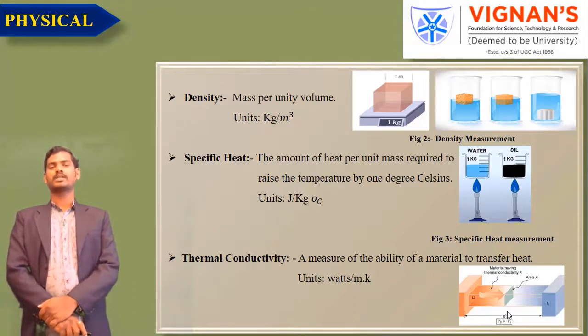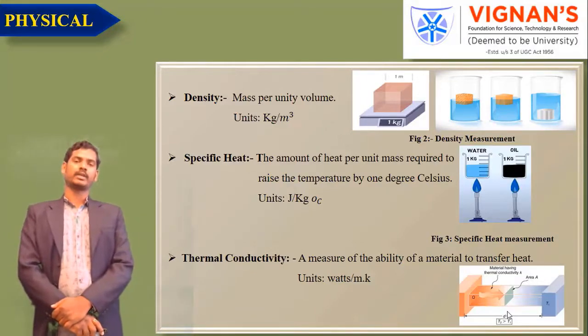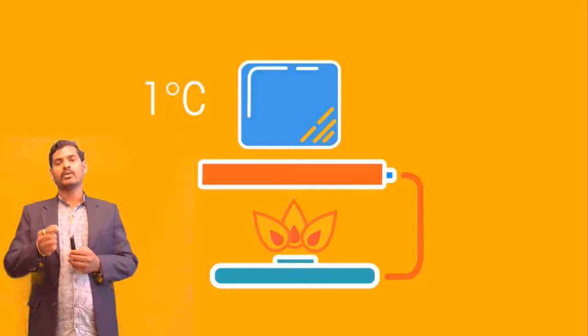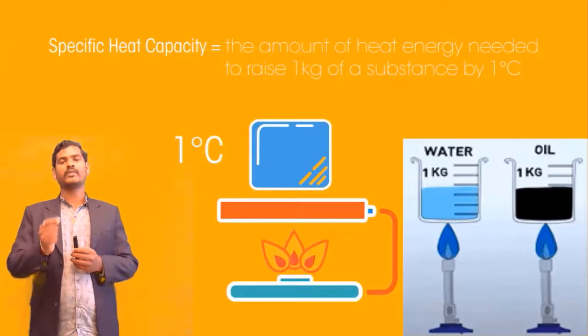Okay, everyone understand? Okay, now specific heat. What is specific heat? The amount of energy required by the substance to increase its temperature by 1 degree Celsius. I am showing one example here. There are two vessels. One vessel is filled with water and another vessel is filled with oil.